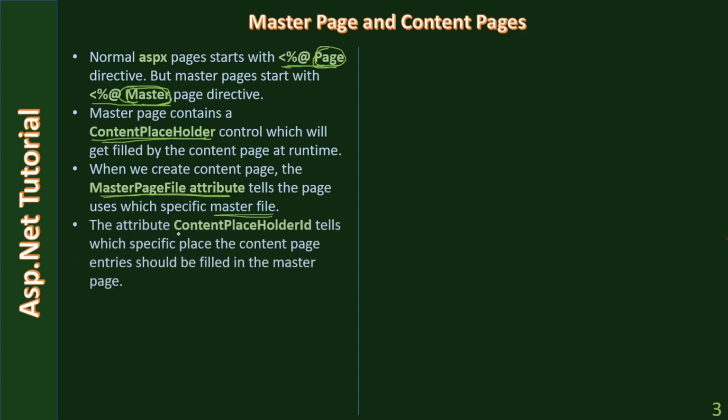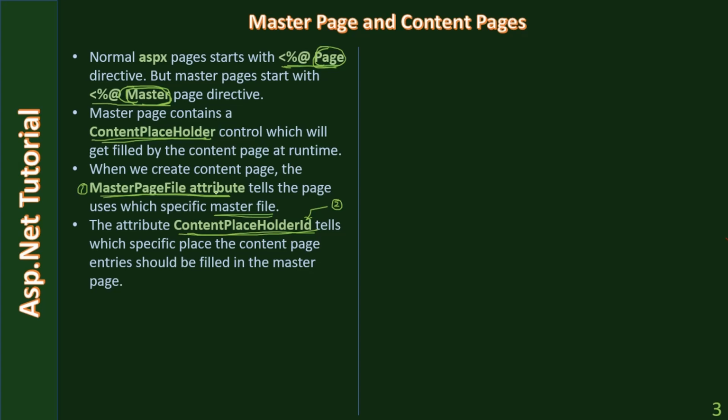The attribute is ContentPlaceHolderID. If you see, when you take the child page, there are two major attributes. One is MasterPageFile that tells what master page, and then the ContentPlaceHolderID. The master page file may have multiple content placeholders, and the child page tells in which location it wants the content to go and sit.